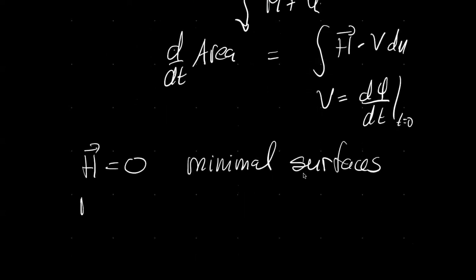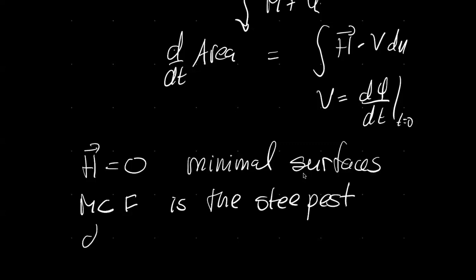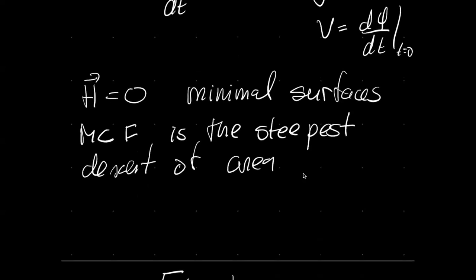And the mean curvature flow is the steepest descent of area. So basically, to decrease the area the fastest, if you think about M parameterized by X, you want the derivative of X in t to be in the normal direction.